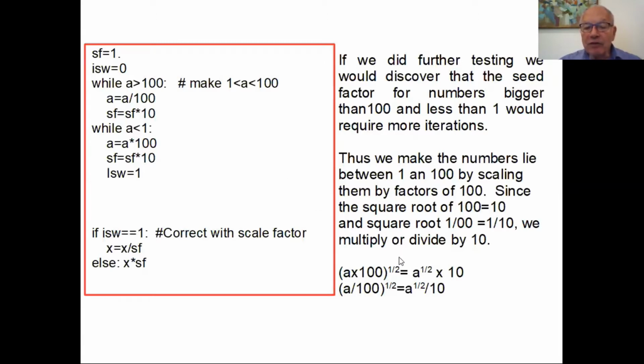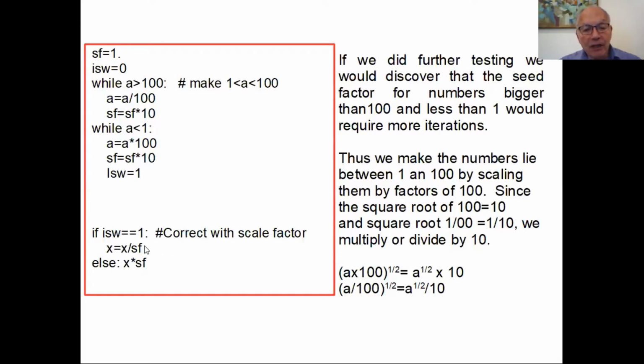Like make use of the mathematics that when I raise a number to a power, I raise each of these numbers to a power. So I get the square root of a, and the square root of 100 is 10. And if I divide by 100, the square root of 1 over 100 is 1 over 10. So basically, after I've gotten my numbers between 1 and 10, I'm counting the number of times that I had to divide by 100 in terms of multiplying by 10.